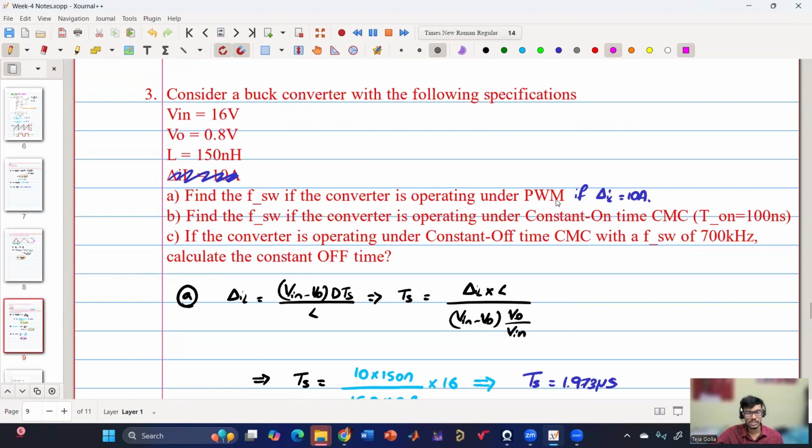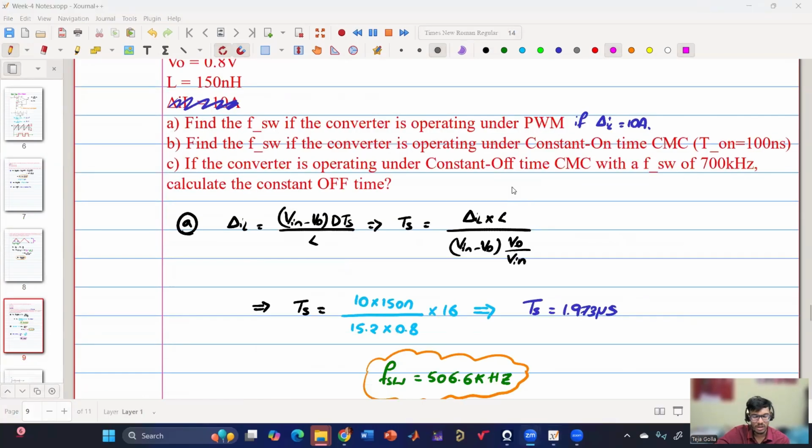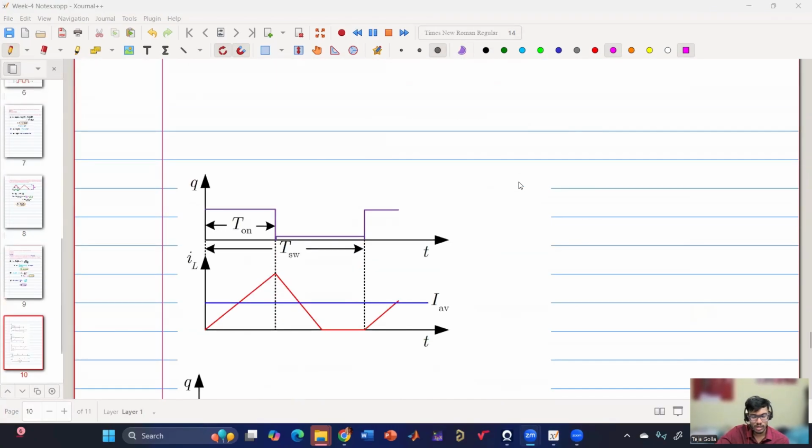So is this clear until this point, the theory plus the questions? Then we can move to some more interesting topics. If you have any queries, you can stop me, else we'll move to another topic, which is light load modulation techniques.